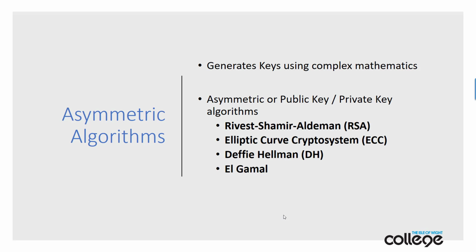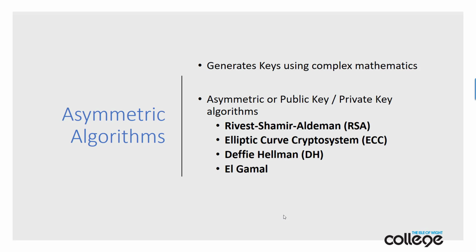These systems are all based on complicated mathematics, basically on very large prime numbers, and all sorts of different systems are used. The one which we are principally interested in is RSA, Rivest-Shamir-Adleman, and that's the one that uses prime numbers to work out the key.